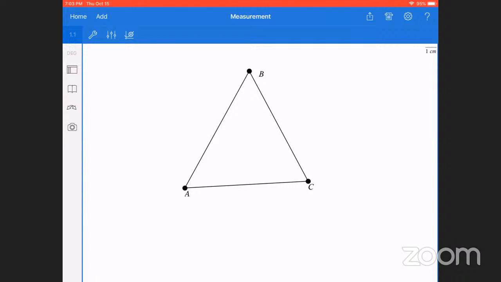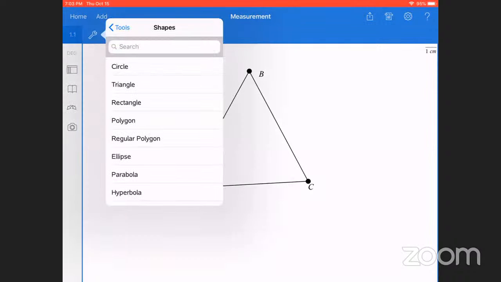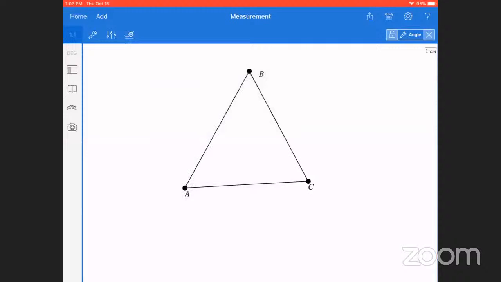And then I want to measure the angles. To do that, I'm going to go back to my wrench, click the back button for tools, and then go to measurement and angle. If I want to measure angle A, I need to make sure that it comes in the middle of my tapping.